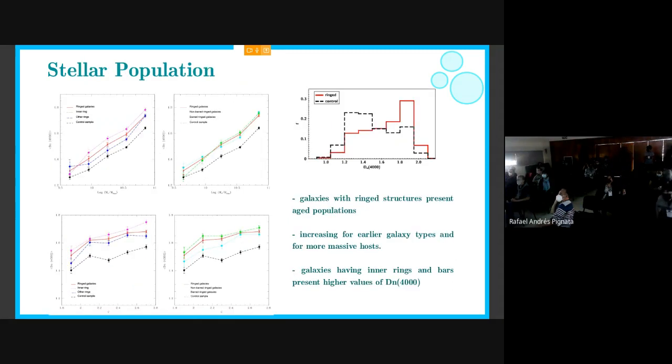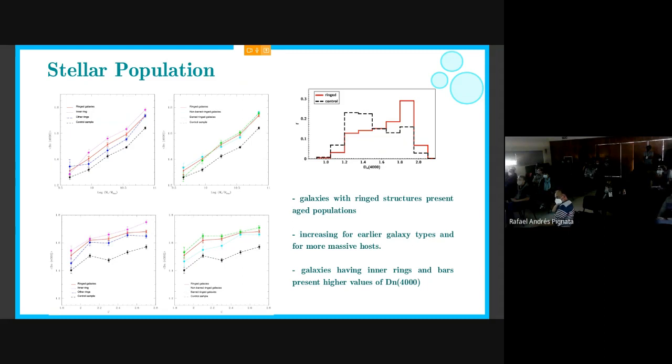As regards the stellar population, we use the Dn4000 parameter and found that galaxies with ring structures present older stellar populations with respect to galaxies in the comparison sample, consistent with the low star formation activity in ring galaxies.